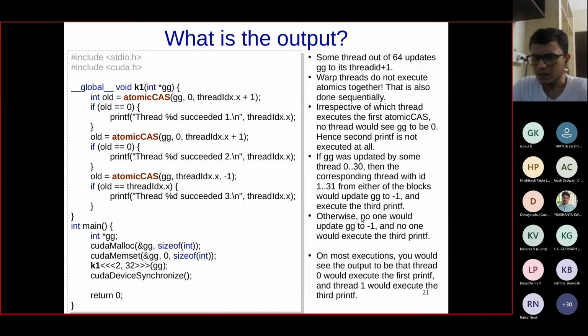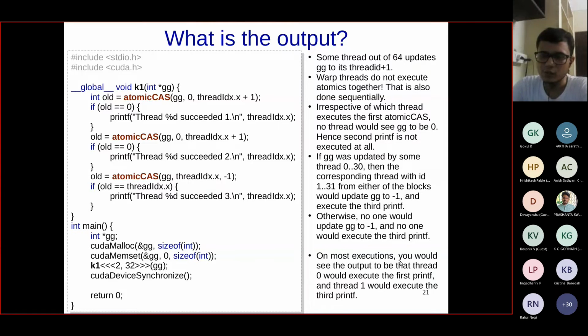And if it's the last thread of that warp, then this print won't happen. Otherwise no one would update GG to -1, and no one would print the third printf. That is what we saw, right?